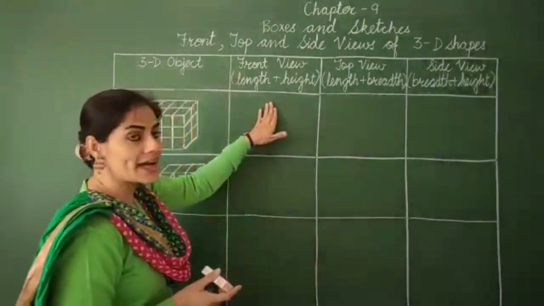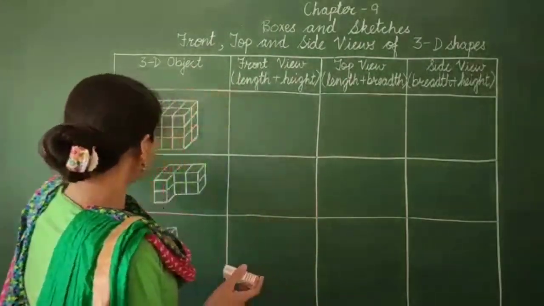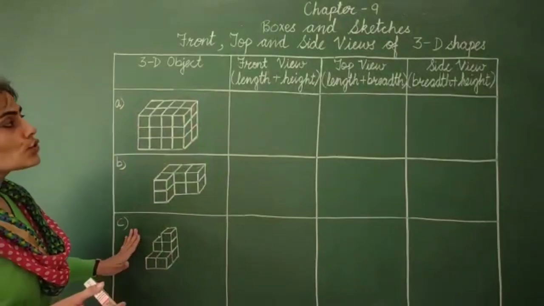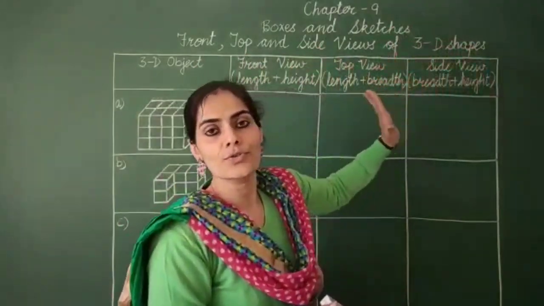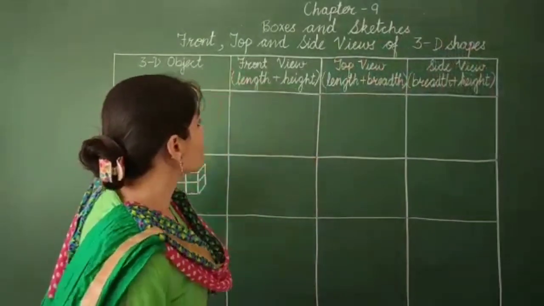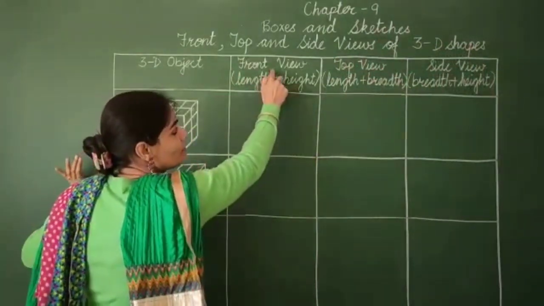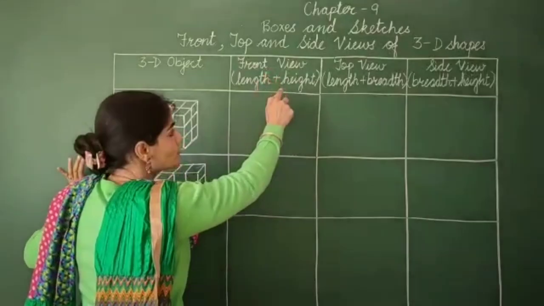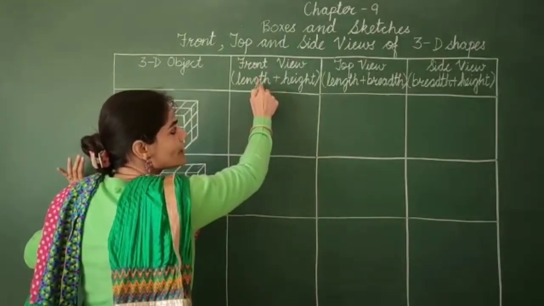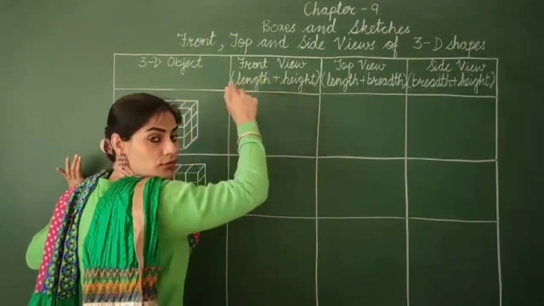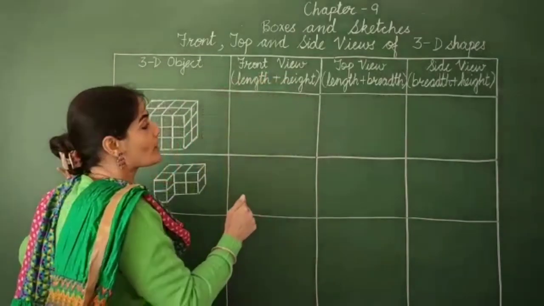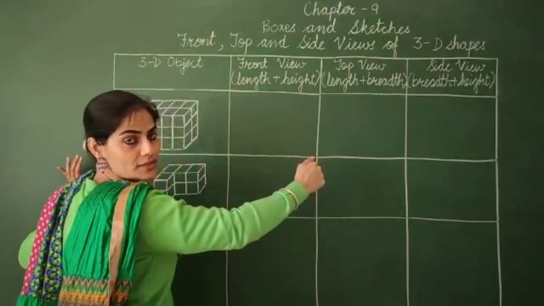And this is what I have written here. Now these are the objects whose front, top and side views we are going to draw. And I have specified here that when we draw the front view of the object, we are able to see length and height of the object. Here we won't be able to tell how wide that object is.